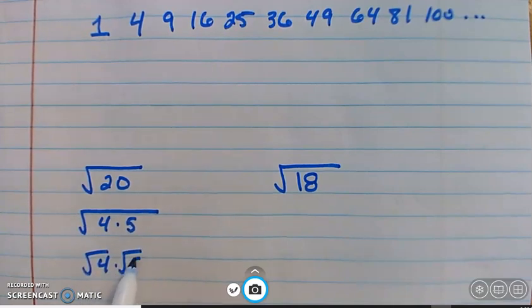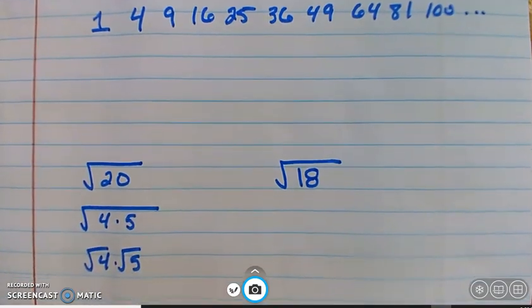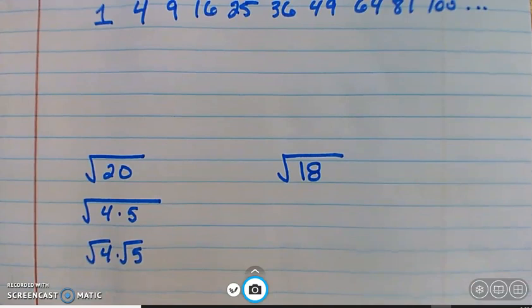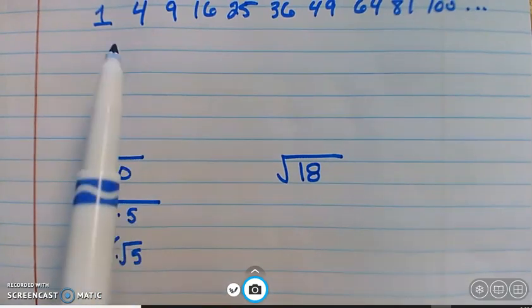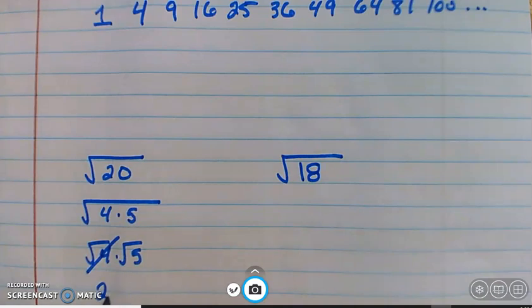We can say it's the square root of 4 times the square root of 5 and separate those into two pieces. And that's super useful to us because, as we already know, the square root of 4 is perfect. The square root of 4 is the number 2. And the square root of 5 is not on this list, so the square root of 5 is not perfect. And we will leave it as 2 square root 5.